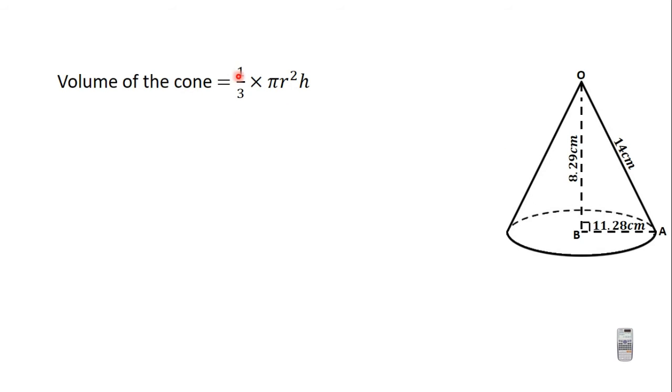Now, we have the height of the cone as 8.29 centimeters. Volume of a cone is equal to 1 divided by 3 times pi r squared h. In this case, r is 11.28 centimeters and h is 8.29 centimeters. So the volume is equal to 1 divided by 3 times pi times 11.28 centimeters squared times 8.29 centimeters.